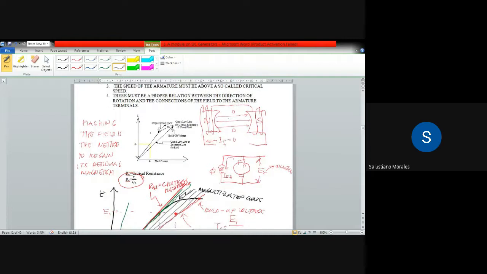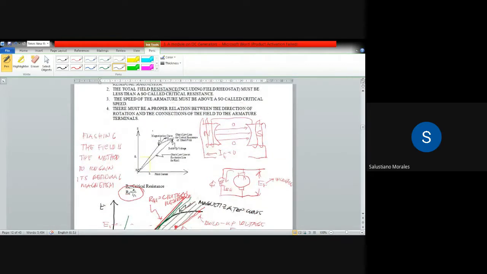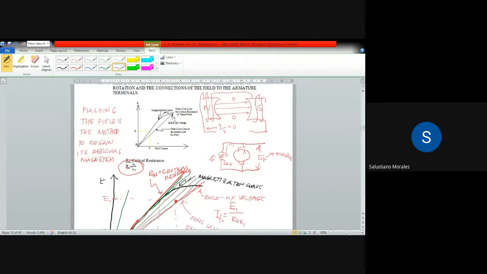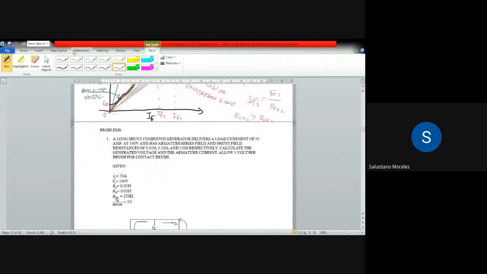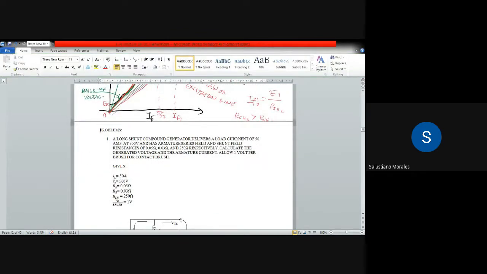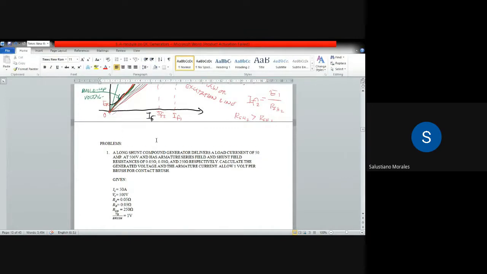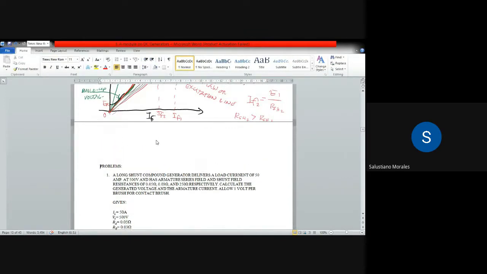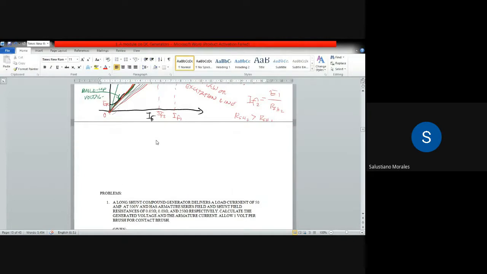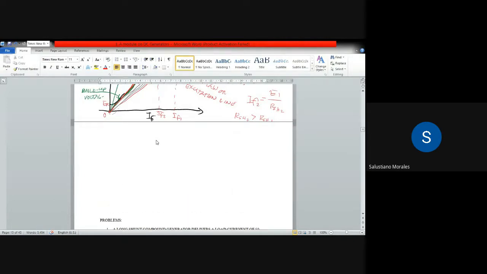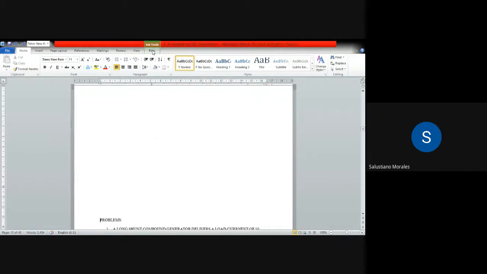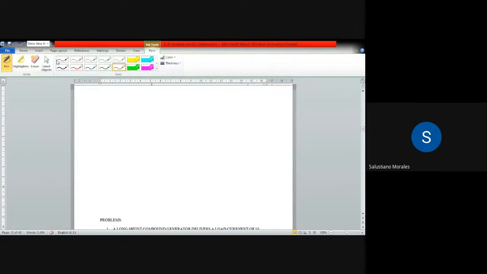Then how about number 3? The speed of the armature must be above a so-called critical speed. So if we're going to draw also the relationship, say, to draw a curve for the speed and the generated voltage, it will look like this.